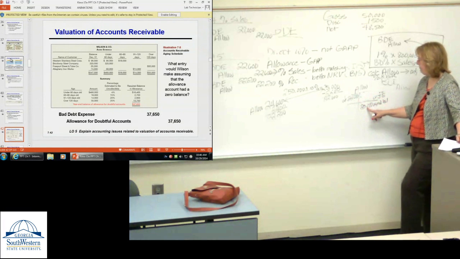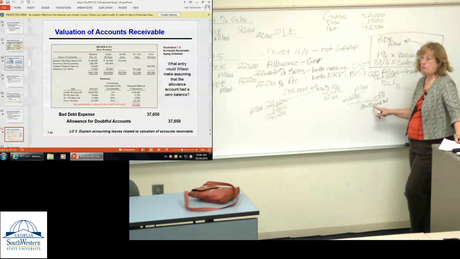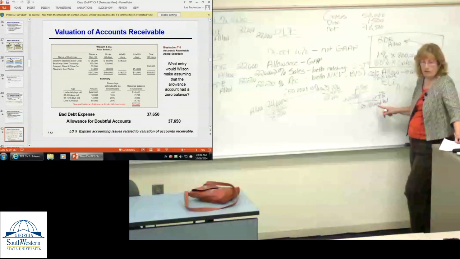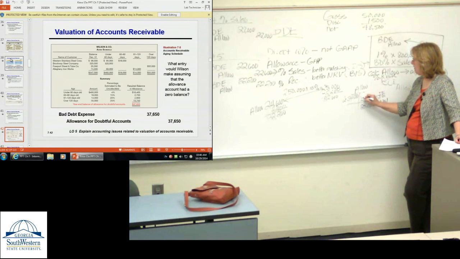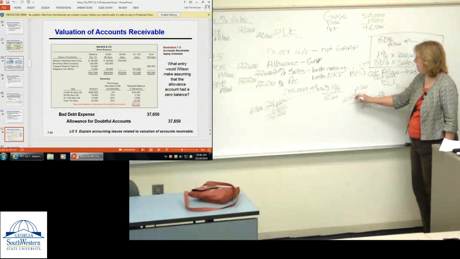You would need to add 27,400. We have a debit balance and we want it to be a credit balance. Pretend like this is less than zero and this is more than zero. We have to add these two numbers to get this number.